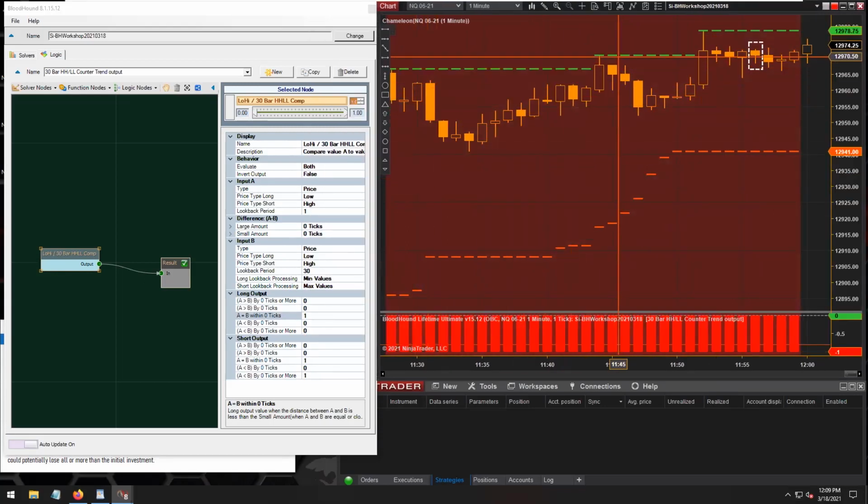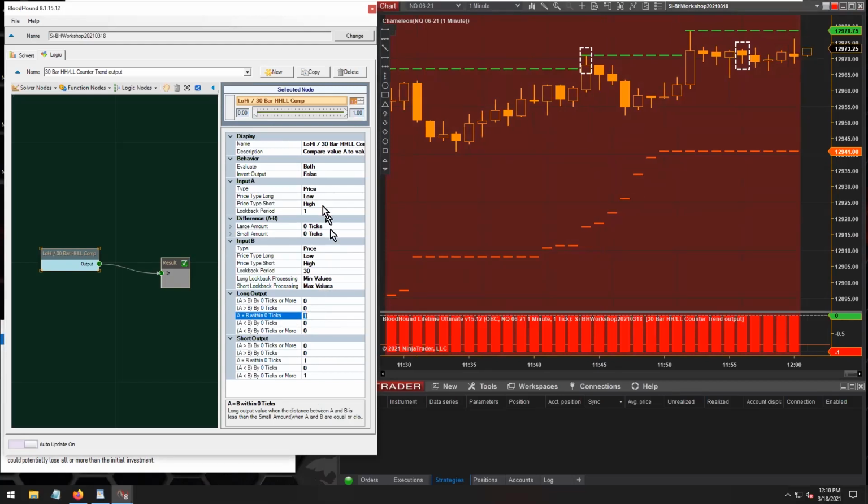When a new high is made, the high of that bar is equal to the highest high of the last 30 bars, right? So the highest high equals the high of that bar. That's why it's A equals B, right? Because this high equals this high of the last 30 bars.